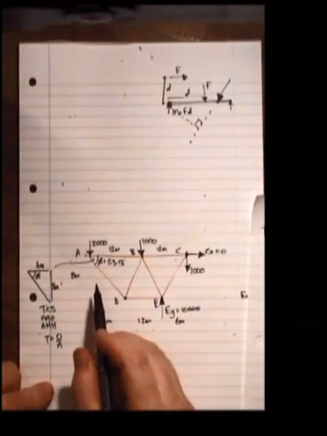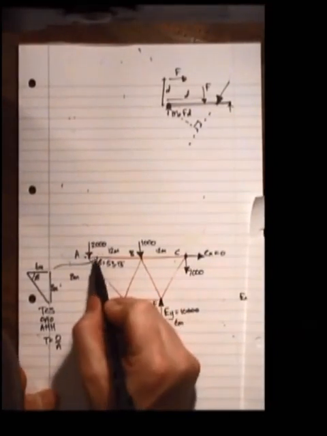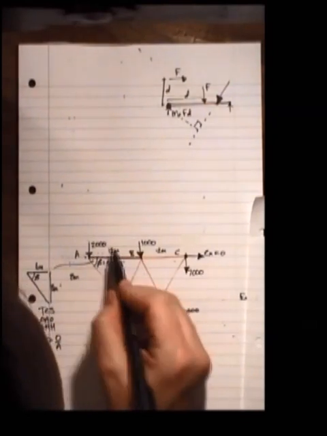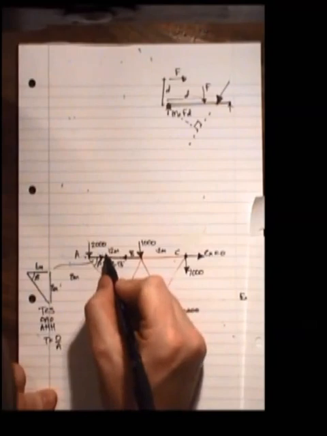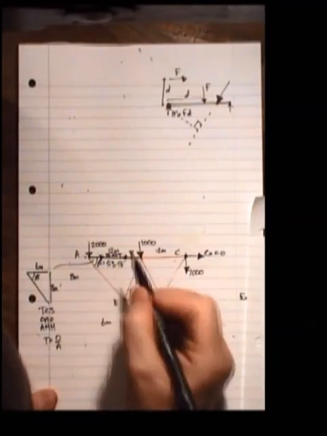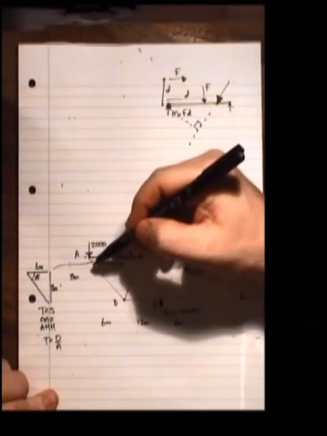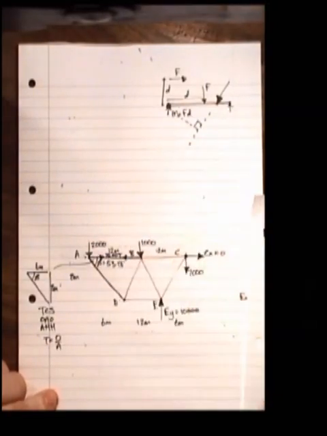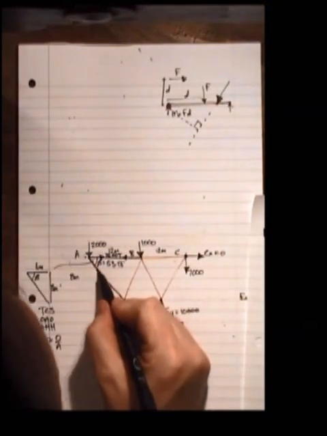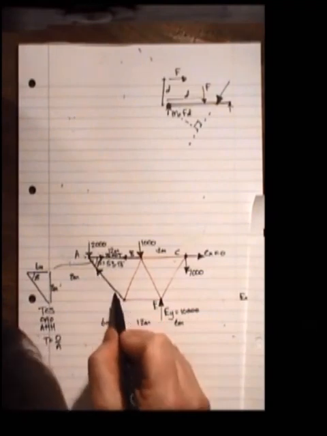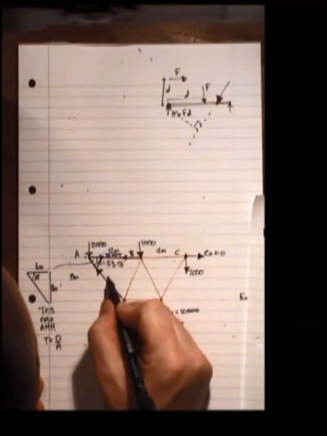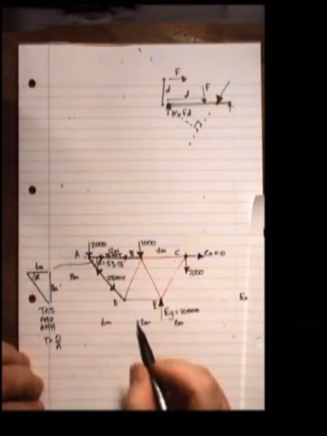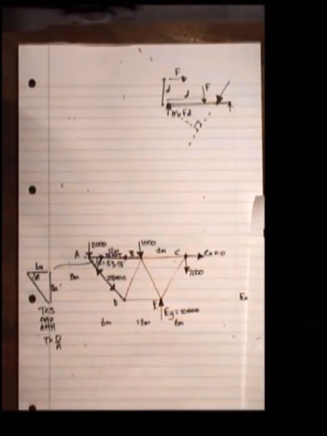So I'll add these to my diagram. So FAB, draw that in black now, so I know that it's going inwards, and I've got 1500 in tension, and I've got my FAD, my arrows were pointing outwards, that was 2500 in compression.